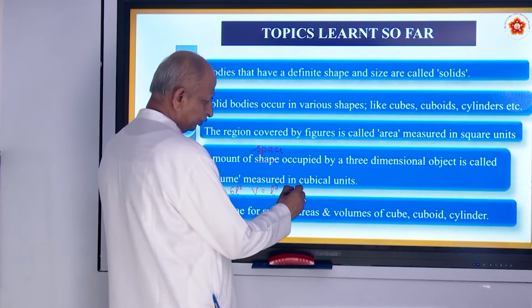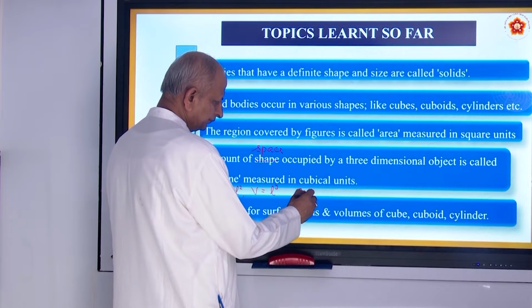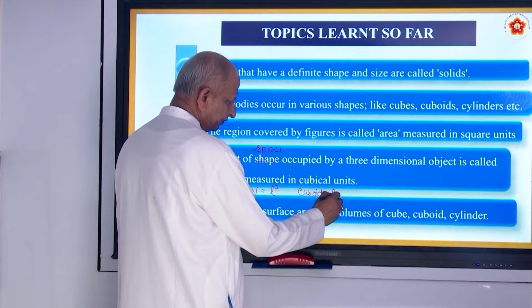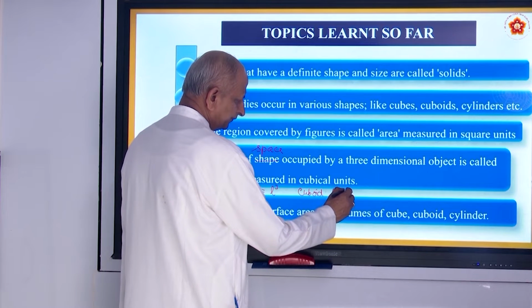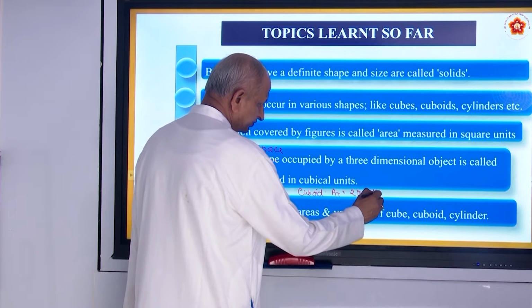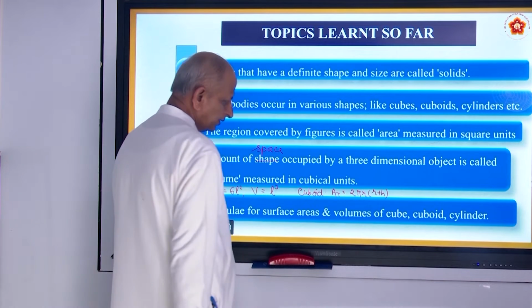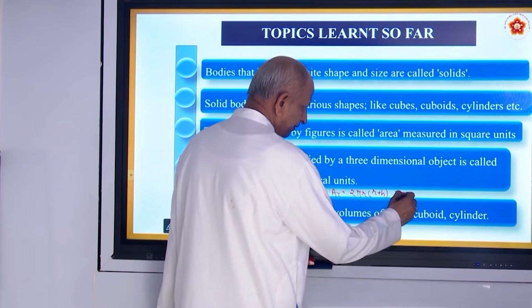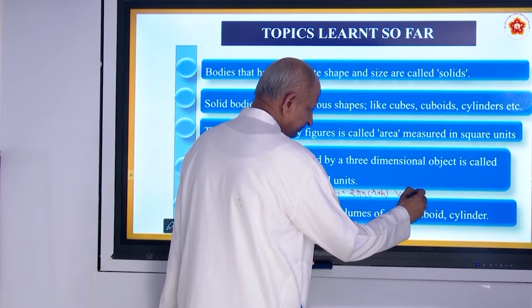Okay, about cuboid. The total surface area of cuboid, we call it AT, 2 pi r into r plus h. And volume of a cuboid, V is equal to pi r square h.